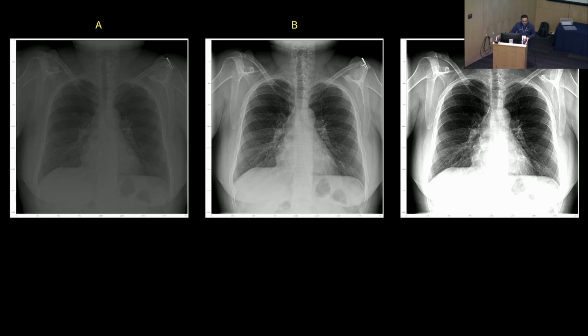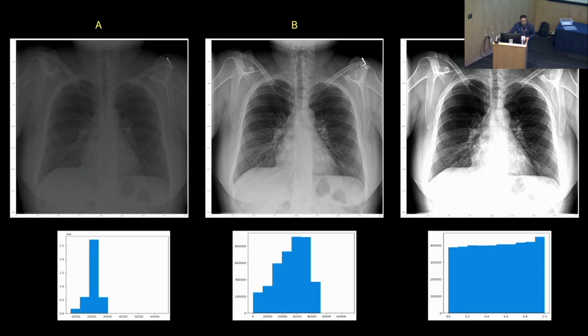What if I give you the histograms? Does this change your first choice? Who thinks it's A? No one? Who thinks it's B? What is a histogram? Okay, that would be one of the questions. The histogram shows you the distribution of the pixels of the image.